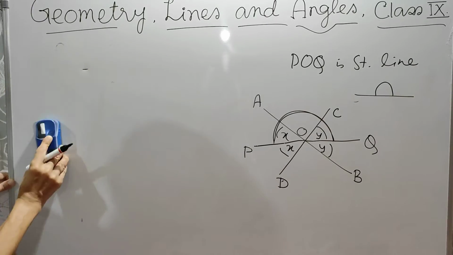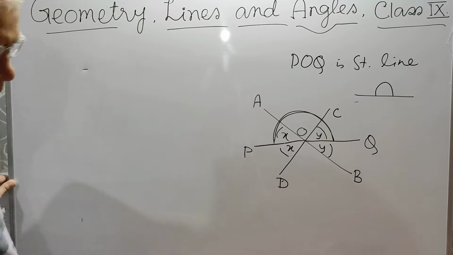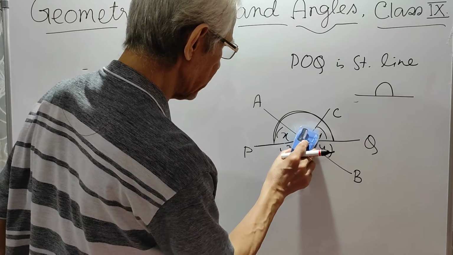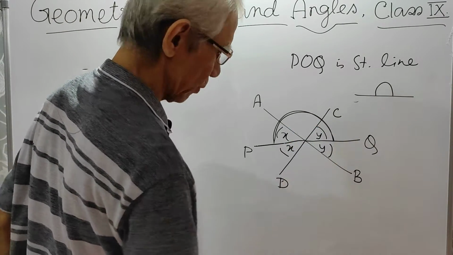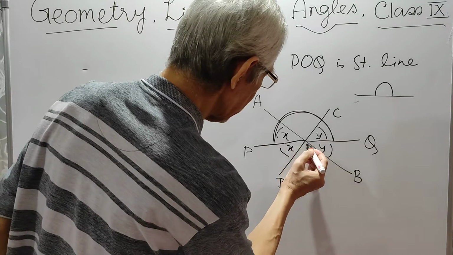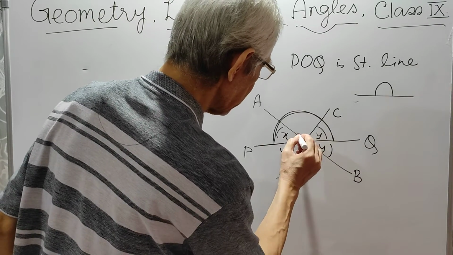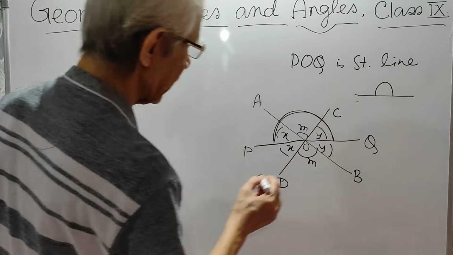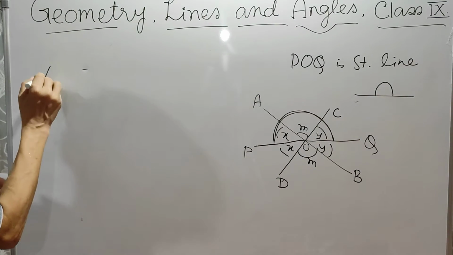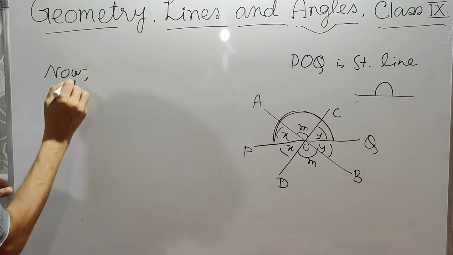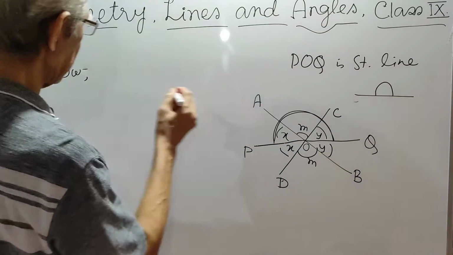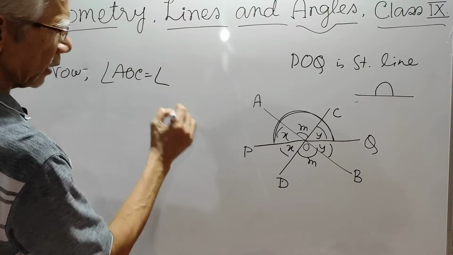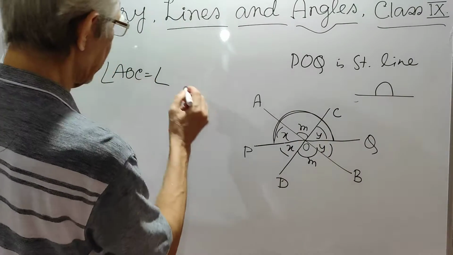Now again, for convenience of writing, let us call these two angles M. So this point is O. Now suppose we call this one angle M, this one angle M. Angle AOC is equal to angle DOB.